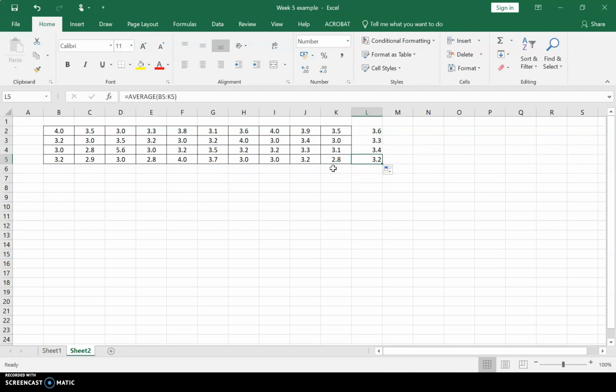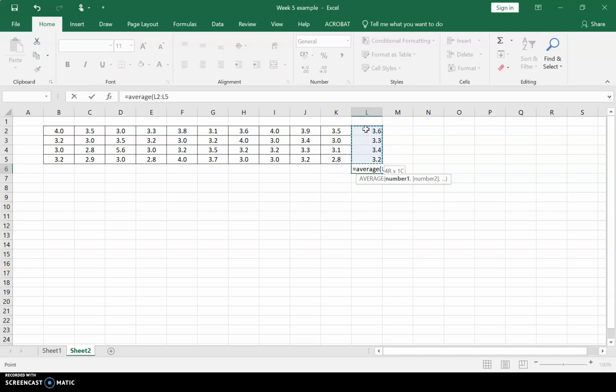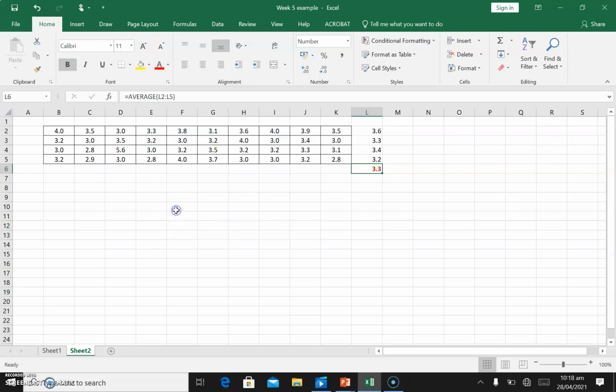So just write equal and then average, and then open parenthesis, click dayon ni siya nga mga cell, and then close parenthesis. So we have our sample mean nga 3.30. So you have 3.3 as our sample mean.